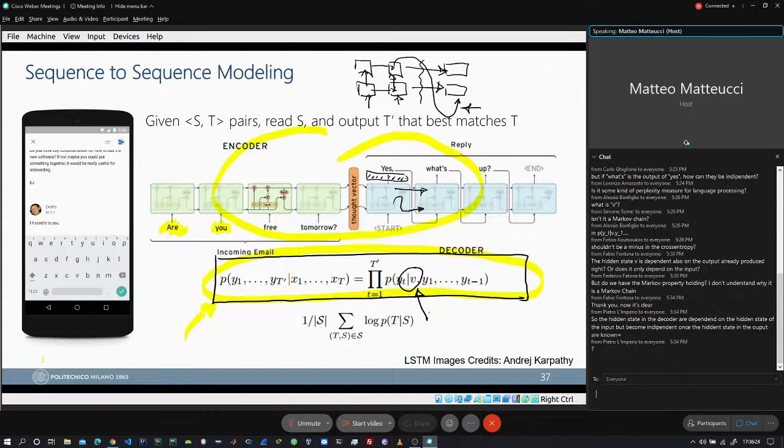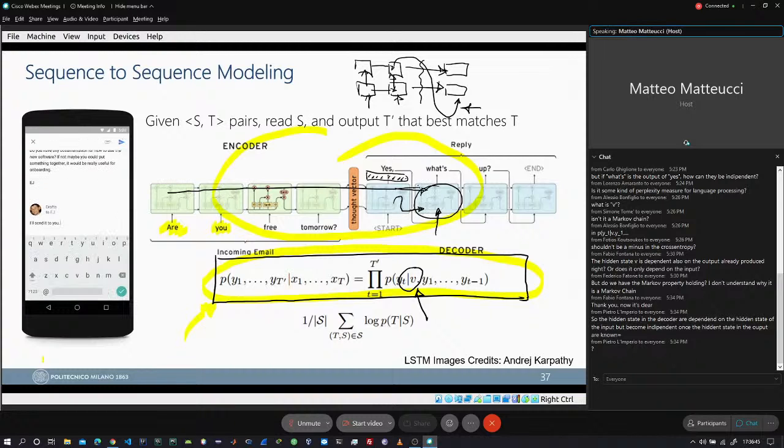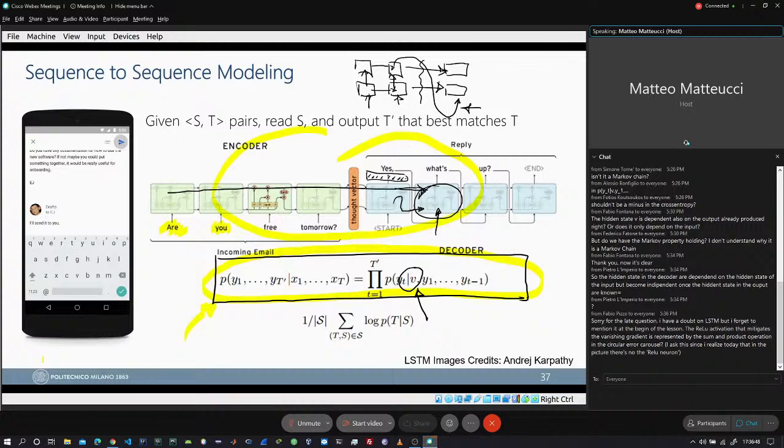So basically, we assume this to be true, but in a sense the current probability depends on this and on the whole sequence, because the state depends on the whole sequence.